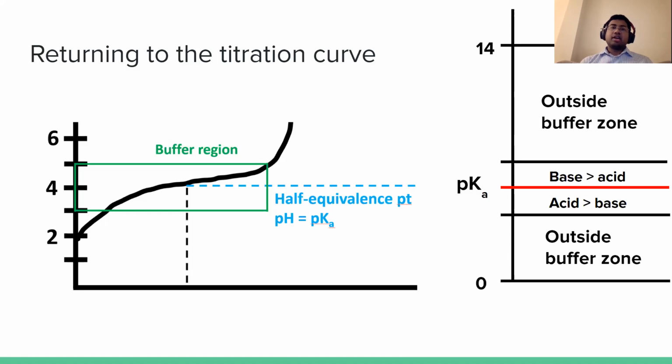If you're titrating an amino acid, you're going to first have the pKa of the carboxylic acid group. Then, depending on what the side chain is, you might have a side chain pKa, and then you'll also have the amino group pKa.